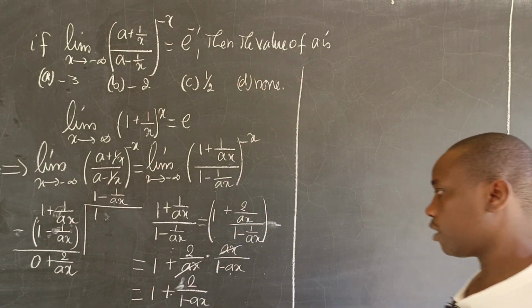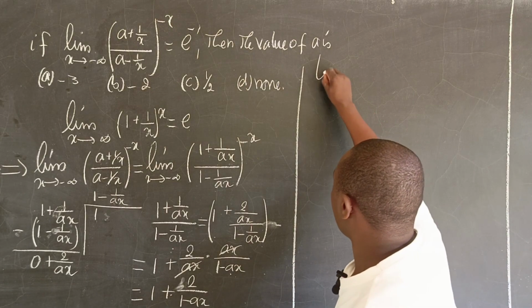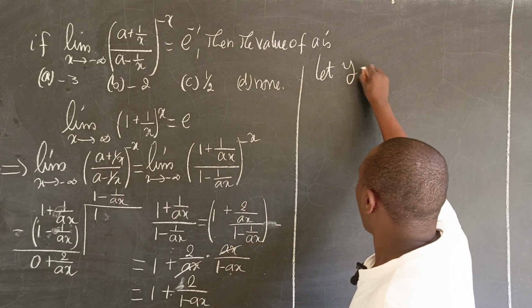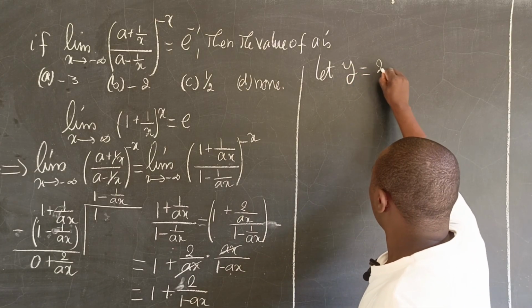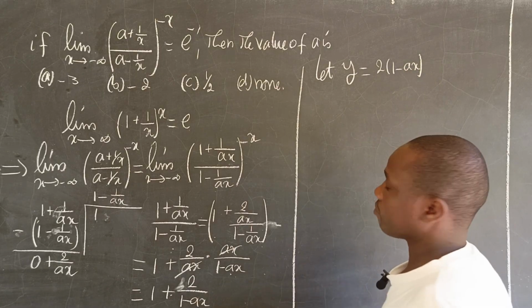We are going to do substitution. We let y be 2 over 1 minus ax.